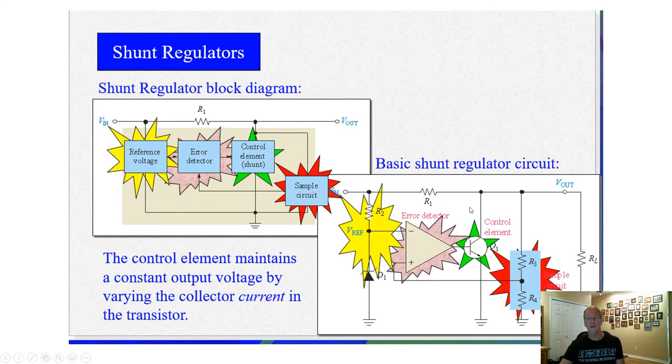Shunt regulators, I'm just going to gloss over this. Shunt regulators aren't used very much. The control element is in parallel with the output, so it basically starves the output voltage and shunts it all to ground. This really is inefficient. It gets very hot.